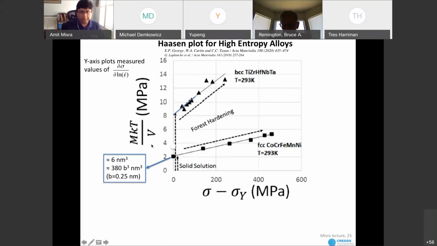If I try to do that calculation, I find that it gives me an activation volume of about 6 nanometer cube. 6 nanometer cube as such doesn't mean much, but if you write it in terms of multiples of Burgers vector cube, you'll see it's about a few hundred, say about 300 to 400 Burgers vector cube.